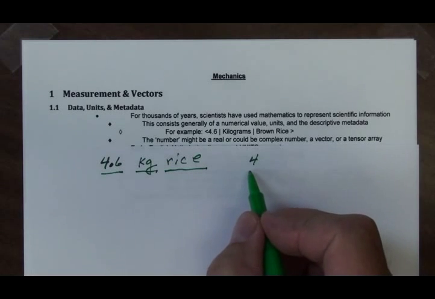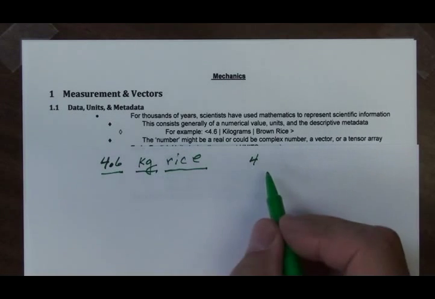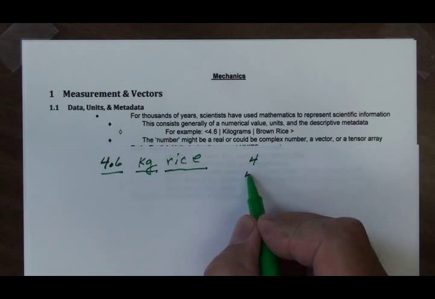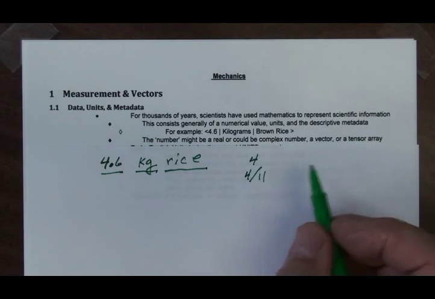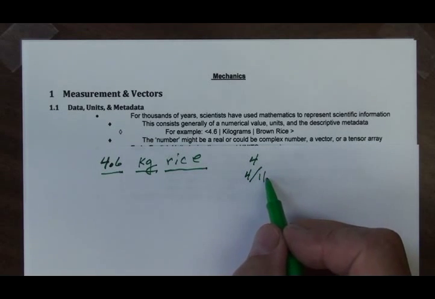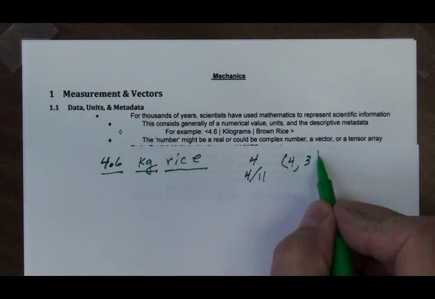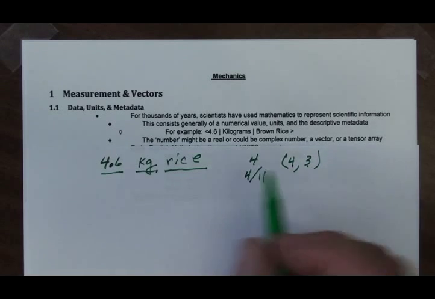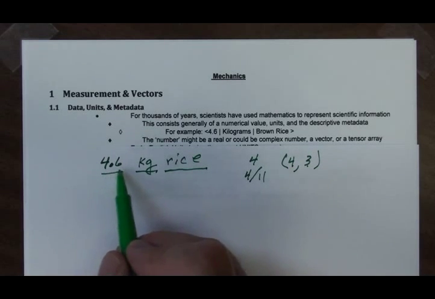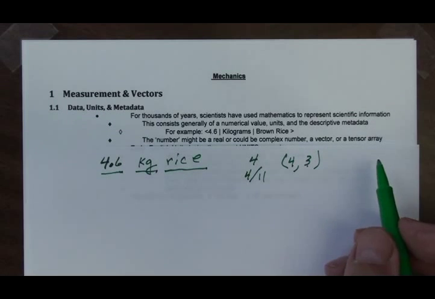It could be a fraction, although we don't normally use a fraction in what we write. It could be 4/11ths. But more normally we would write this out in decimal form. It could be a vector, like 4, 3, meaning the x and the y coordinate, so that this could be a vector that we're talking about in terms of kilograms.